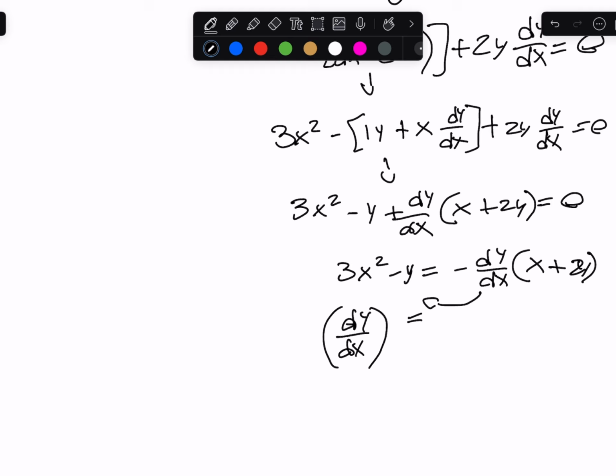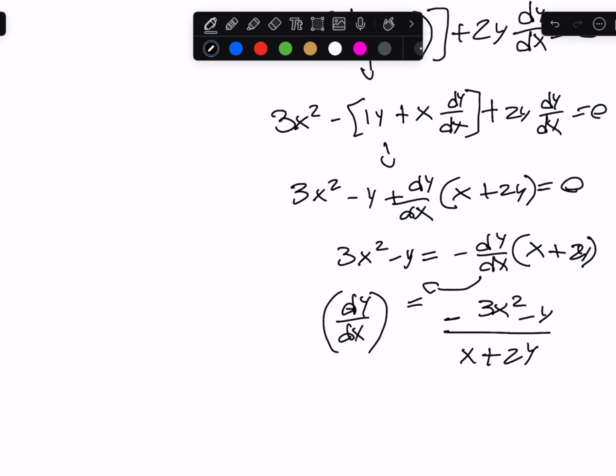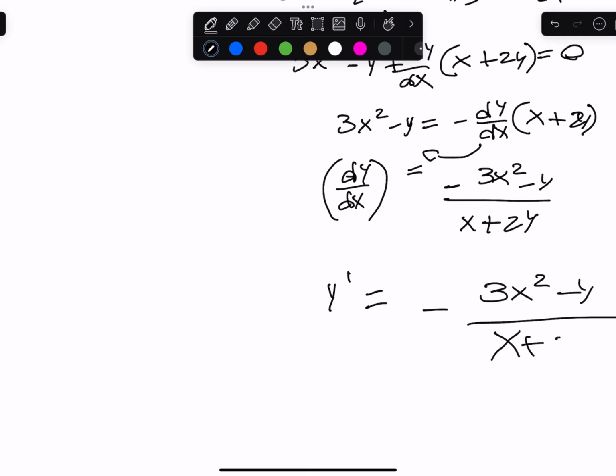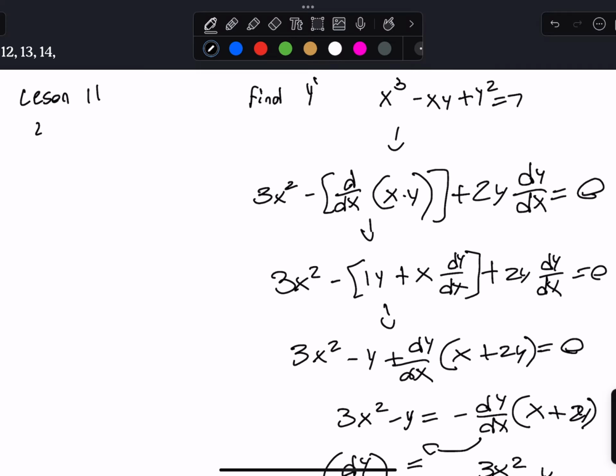Dy over dx is equal to negative 3x squared minus y over x plus 2y. So the y prime by implicit differentiation will be equal to negative 3x squared minus y over x plus 2y. And that is how you solve it.